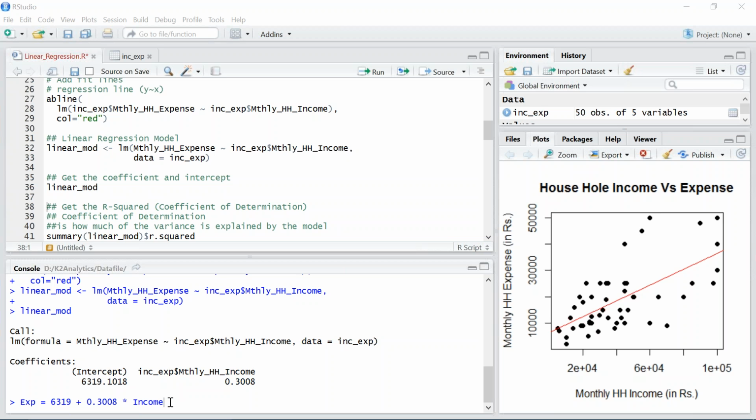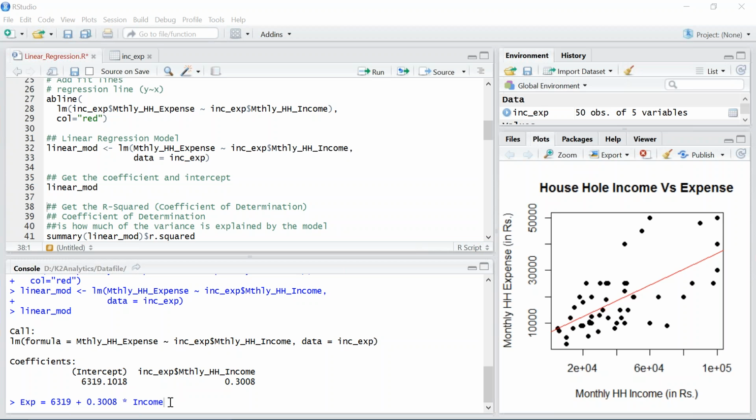What is 0.3008? In this case, it says that 30% of the income goes as expense. So if some household's income is 10,000, the expense of that household will be 6,319 plus 3,000, because bare minimum anyone will require 6,300 to spend, and because they have got some more income, they will try to live slightly better off than someone who doesn't have any income.